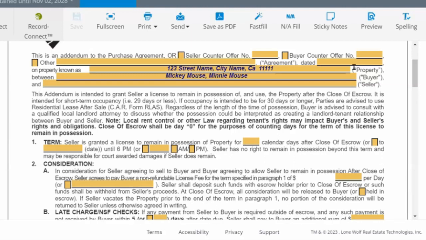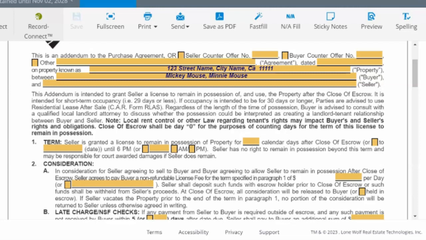It gives us a disclaimer here that buyer is advised to consult with a qualified local landlord attorney to discuss whether the possession could be interpreted as creating a landlord-tenant relationship between buyer and seller. So even though they are trying to use language that implies it's not a landlord-tenant relationship, the actual rules might indicate that it is.